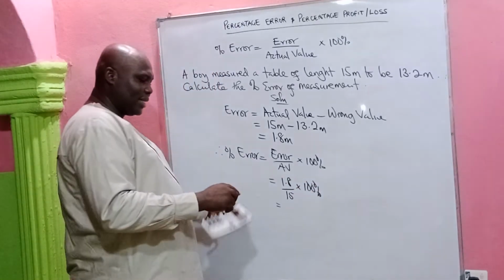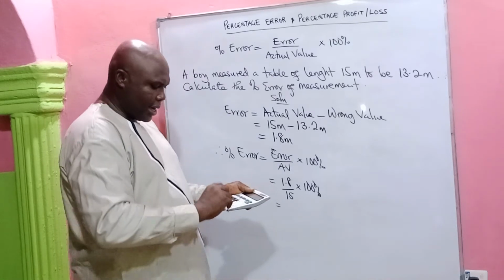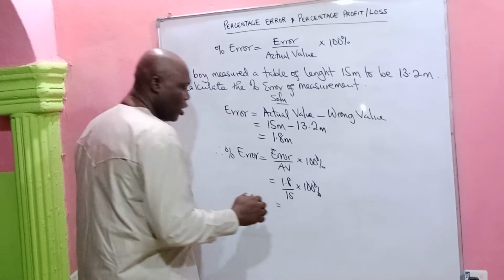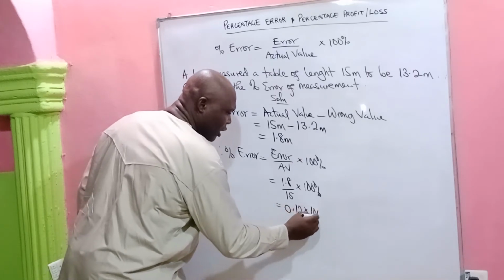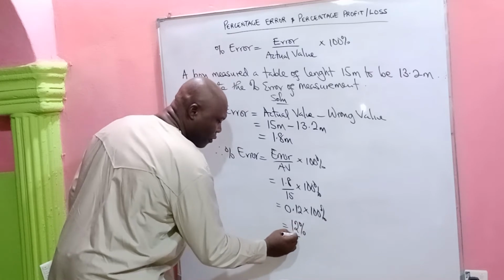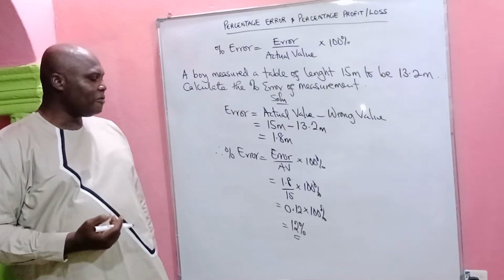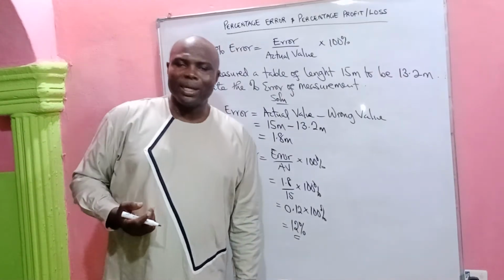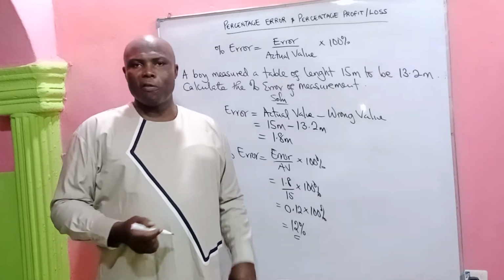So 1.8 divided by 15 is 0.12, and times 100% this will give us a percentage error of 12%. Therefore, the boy committed a percentage error of 12%.